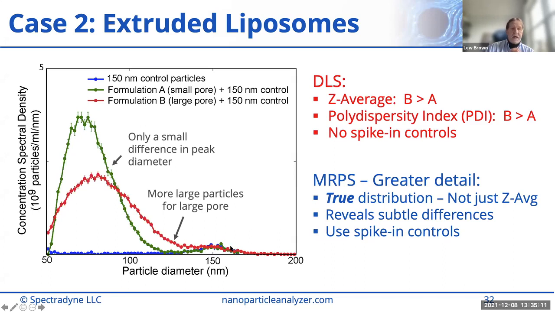And I can't emphasize enough how powerful that is, because that allows you to put into a sample a control that gives you NIST traceable size and concentration, reference concentration. And that ensures, if those come out correctly, which they will, that ensures that the measurement you're looking at for the particles you're interested in is actually NIST traceable in size, and that the concentrations that you're getting are correct.